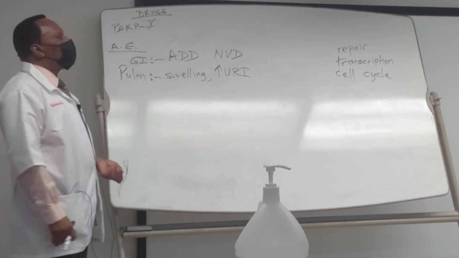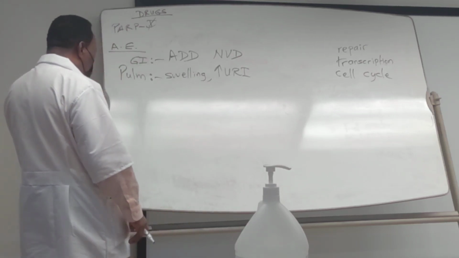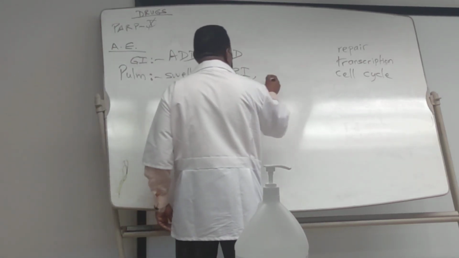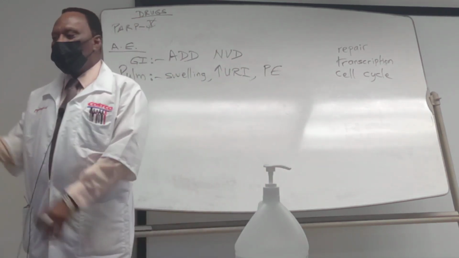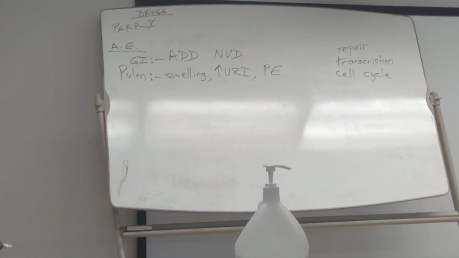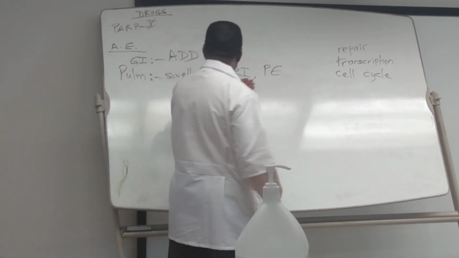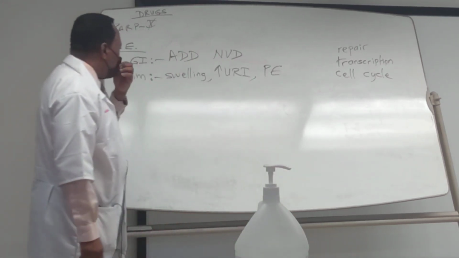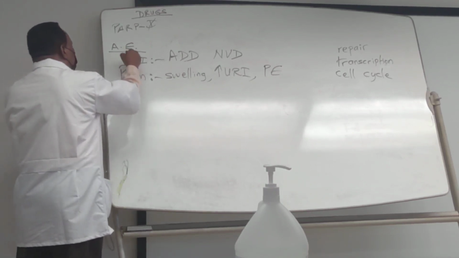Bronchitis can be a manifestation there. So it affects the pulmonary system a whole lot. And then it can actually cause pulmonary embolism. So clotting of the vessels that support your pulmonary system. So pulmonary embolism can be observed there.